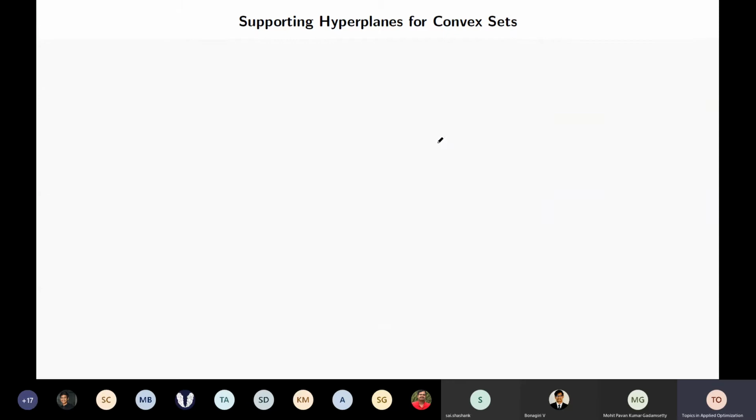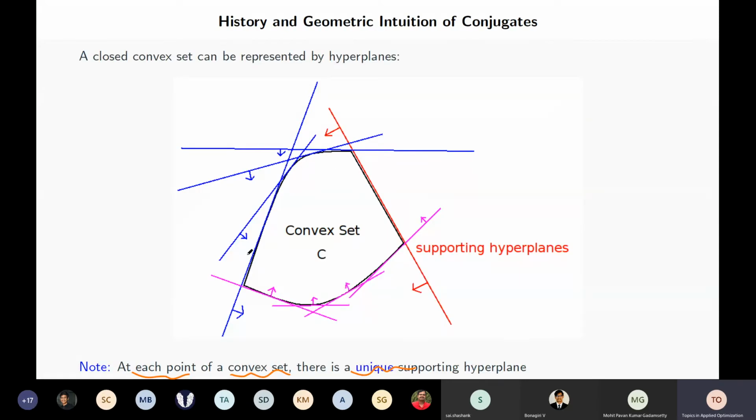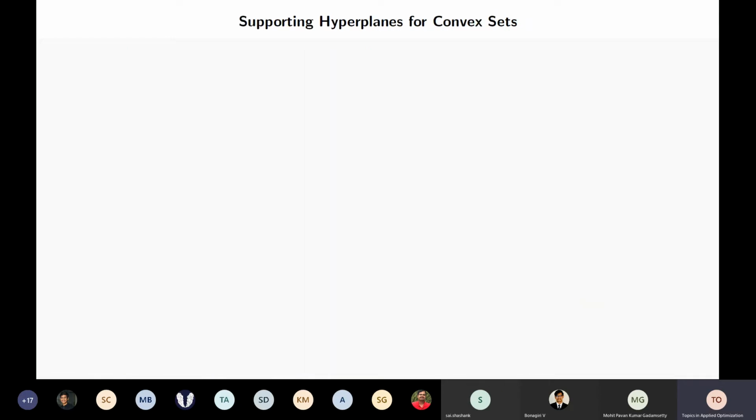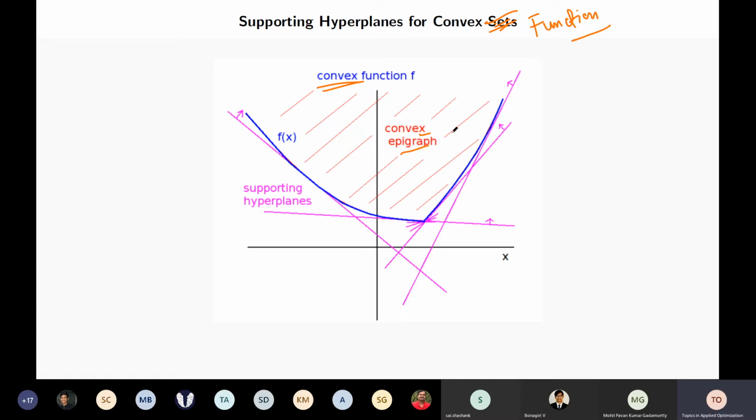And from the previous definition, we know that a set can have a supporting hyperplane, because the supporting hyperplane concept applies for sets. Okay. So from a convex function, we go to a convex set, which is the epigraph of the function. And then for that convex set, we will have supporting hyperplanes. And these will be unique, for each point in the graph.